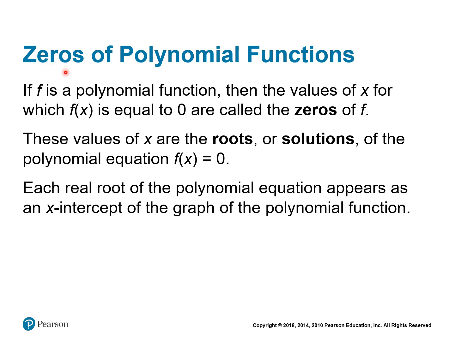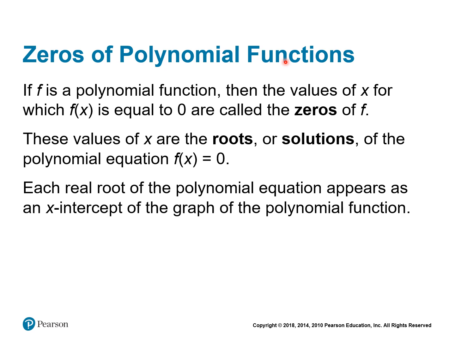So zeros are nothing but the x-intercepts of the graph. It's called zeros because if you recall, at the x-intercept, y is always going to be 0, right? At the x-intercept, y is 0. And that's why they call it zeros of a polynomial function.